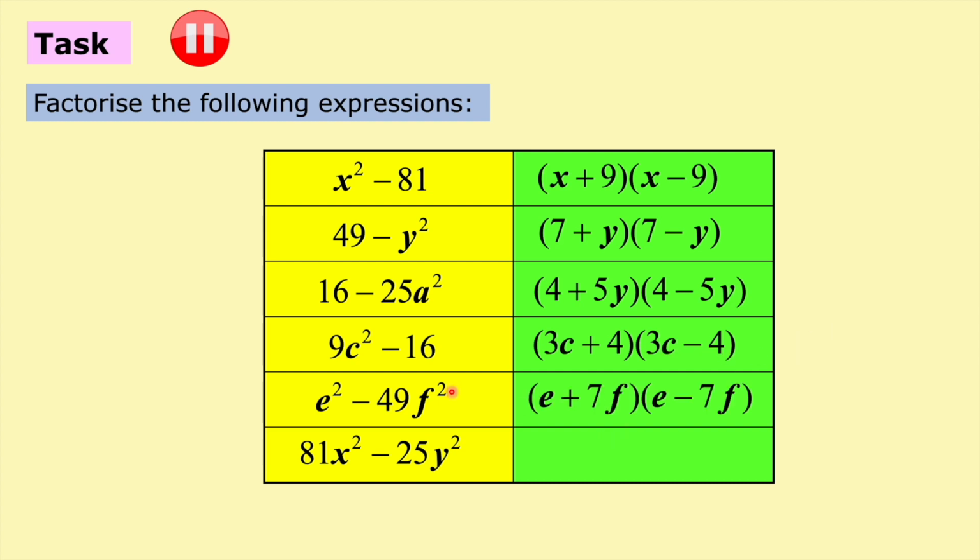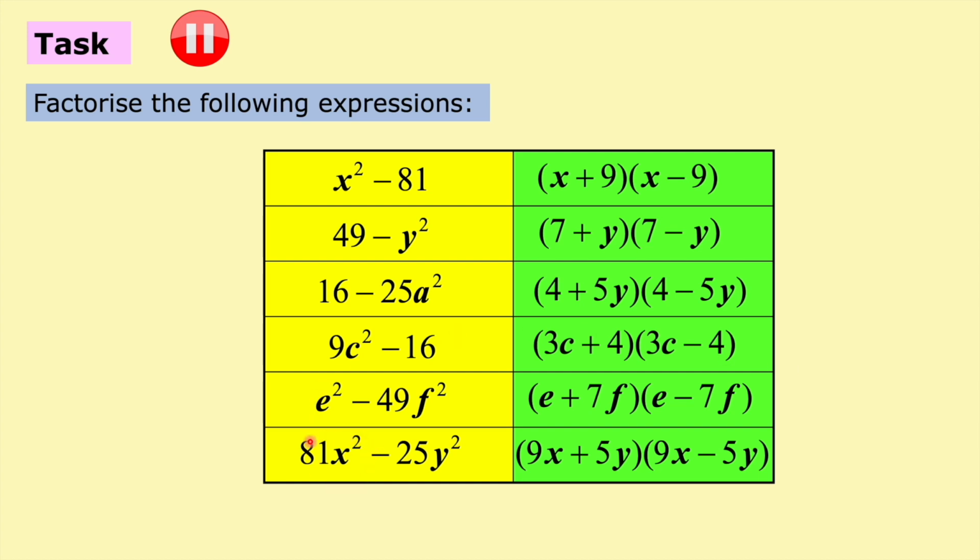And question 5, the square root of the first term is just e, and the square root of the second term is 7f. So you should have e plus 7f, then e subtract 7f. And the last one was definitely a lot trickier, but really well done if you got this one. You should have 9x plus 5y, and then 9x subtract 5y.